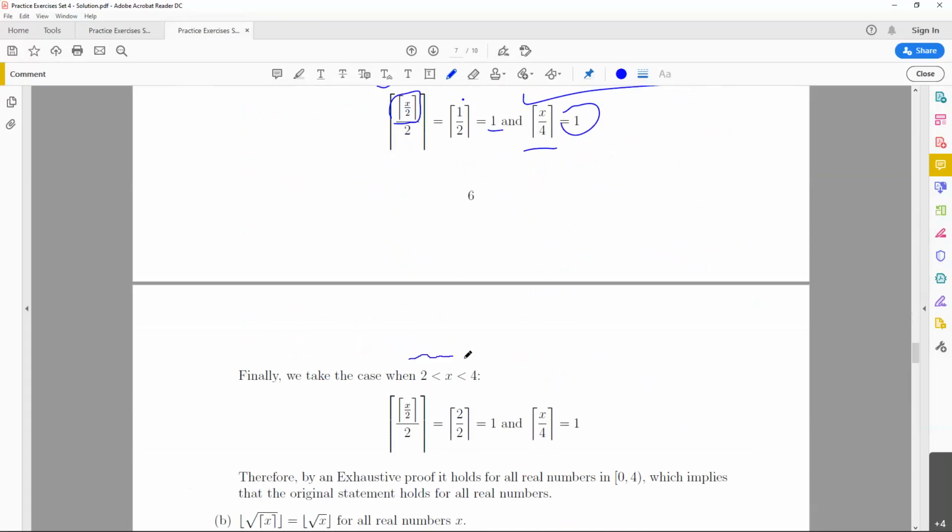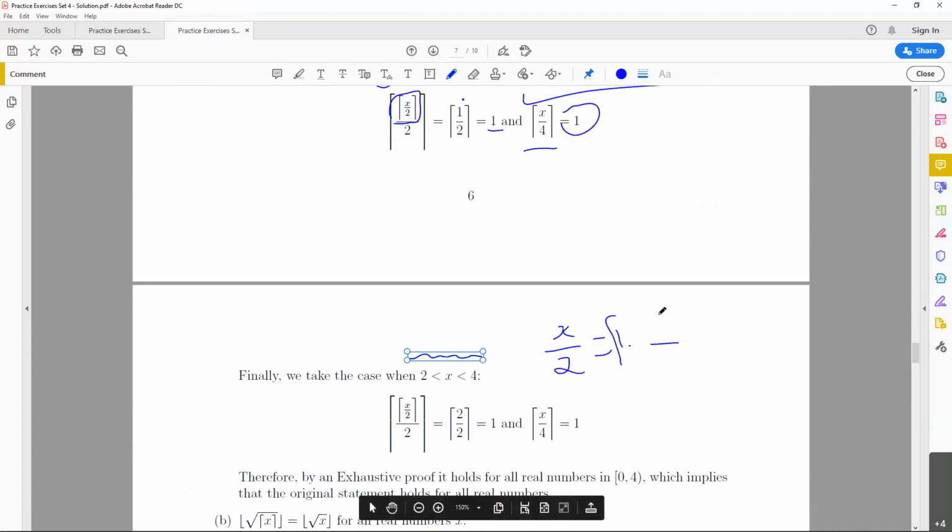We're left with the last range, which is x between 2 and 4. Same thing. Now x over 2 is going to be 1 point something, because x is strictly greater than 2. But it's strictly less than 4, so it's 1 point something, not 2 point something.